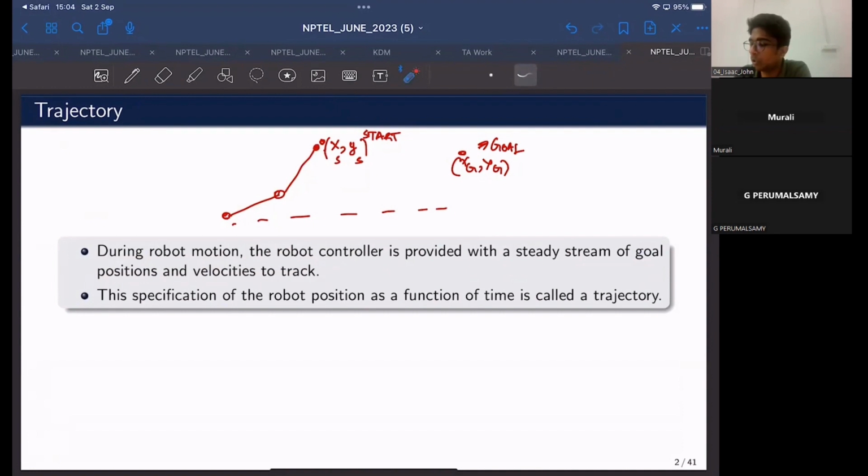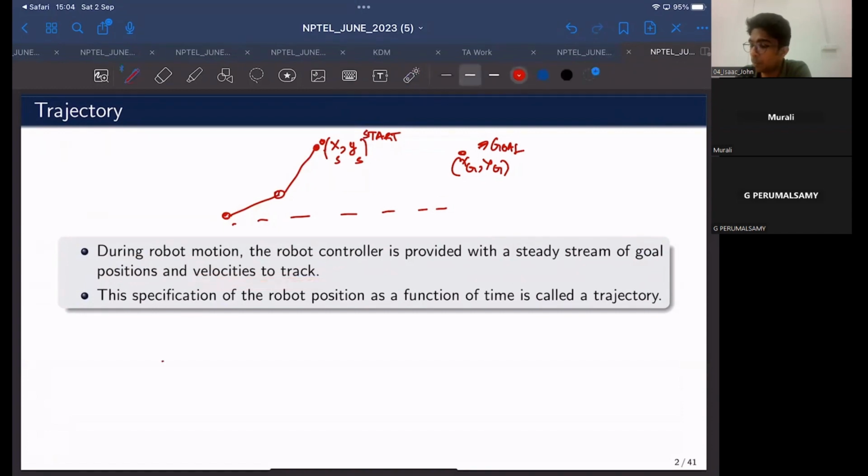And you may think that only the start and the goal positions are important in this case, but that is not the case. In most instances, in addition to positions, you are also asked to track velocities.